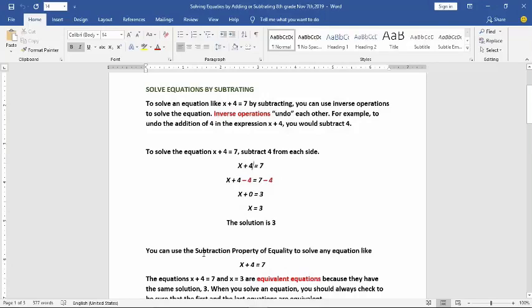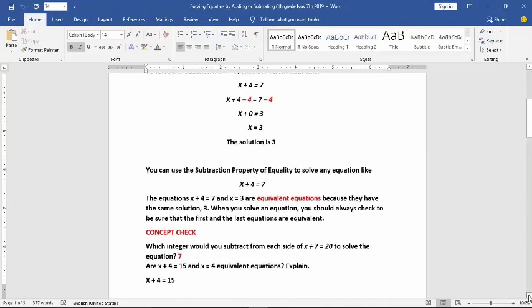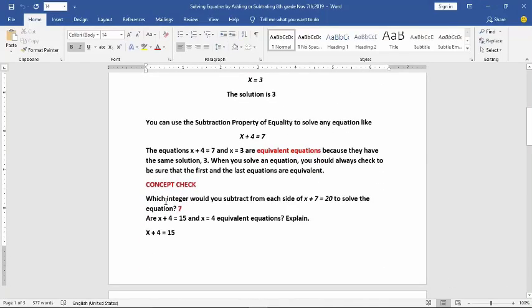You can use the subtraction property of equality to solve any equation like x plus 4 equals 7. Okay, let's continue. The equations x plus 4 equals 7 and x equals 3 are equivalent.